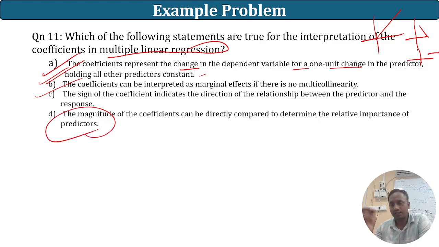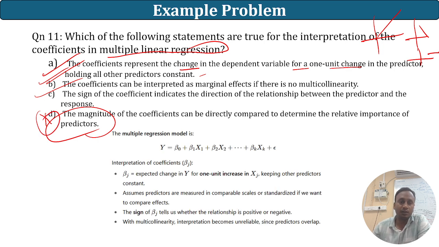No, because there are other independent parameters, so we can't directly compare. So this can't be the answer. When we increase by one unit, the sign will give either positive or negative. With multicollinearity, it becomes unreliable.